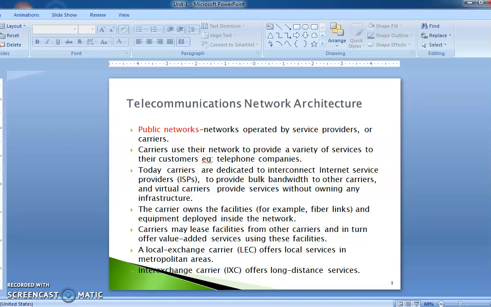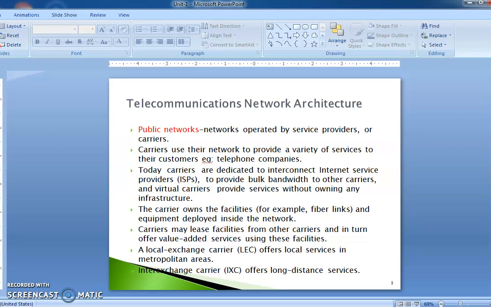Carriers use their network to provide a variety of services to their customers. Examples are telephone companies. Today, carriers are dedicated to interconnecting a number of internet service providers in order to provide a large bandwidth to other carriers. And virtual carriers provide services without owning any infrastructure.